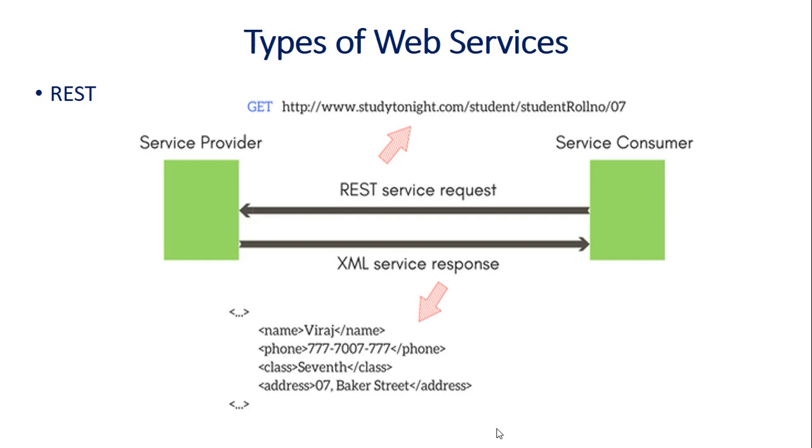This can be used to get the student information by sending a REST call of GET type, and the service will return information of the student with roll number 07. The same service can be used to update the student data by sending the new value as form data in the PUT request.